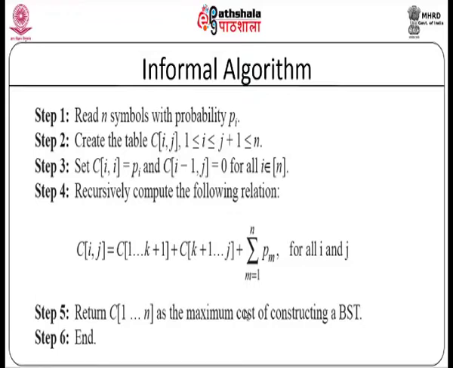Now comes the crucial part, that is establishing the recursive definition of this particular problem. The recursive definition is very simple. As I said earlier, we consider a k, and using that we divide the problem into two subproblems. So, the cost of computing that is going to be the cost of 1 to k minus 1, plus C of k plus 1 to j, plus the sum of p of m.